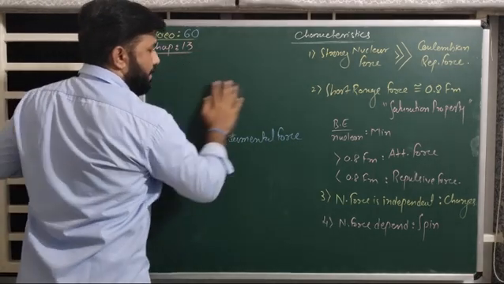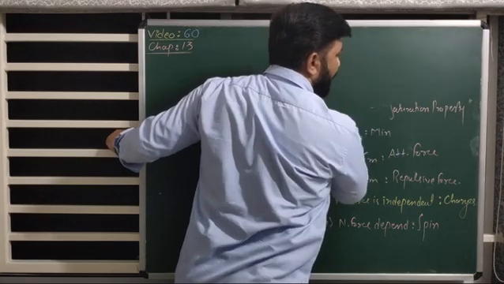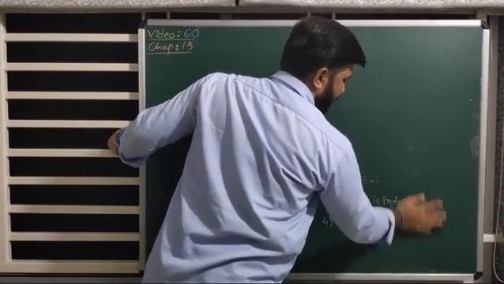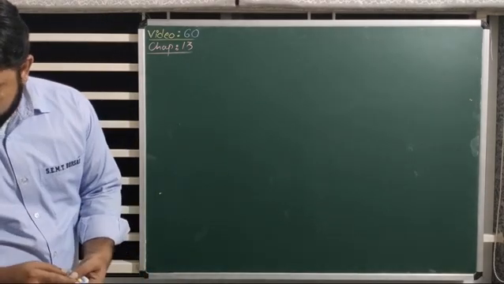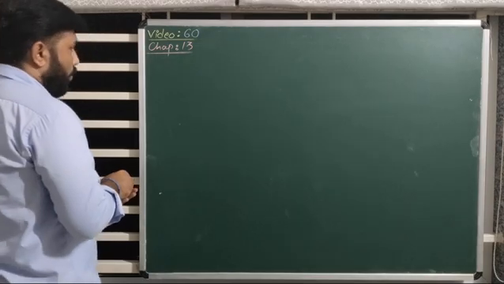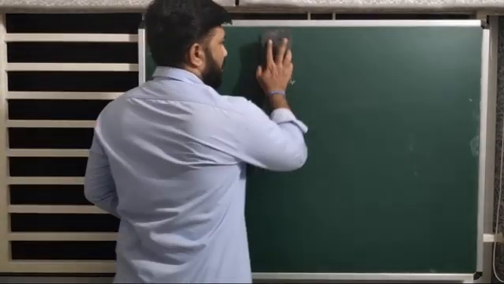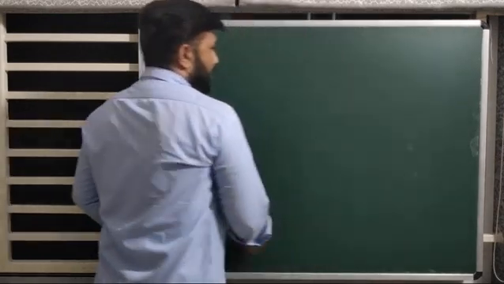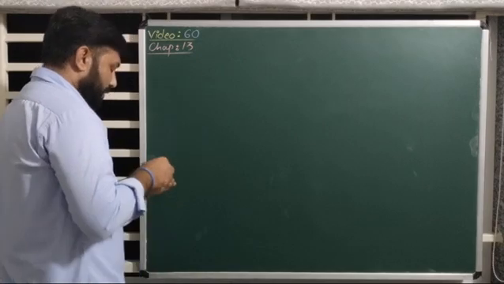Now let us see the next topic of the same chapter. Okay? And it is about radio. Radio means from where we are listening to songs? No, it is not that.